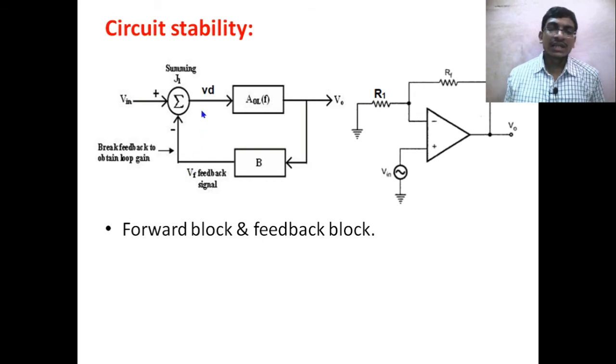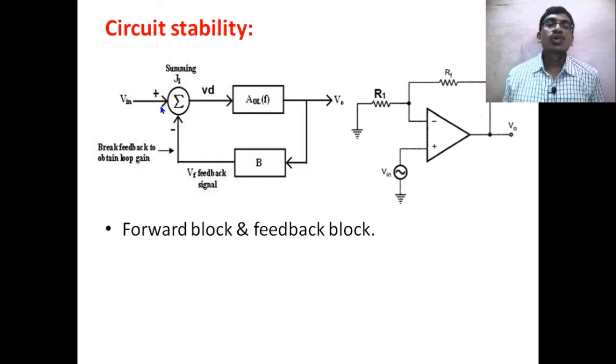The forward block is the direction from Vi to V0 through the amplifier, which is called the forward block. The feedback circuit contains two blocks. What are they? Forward block and feedback block.